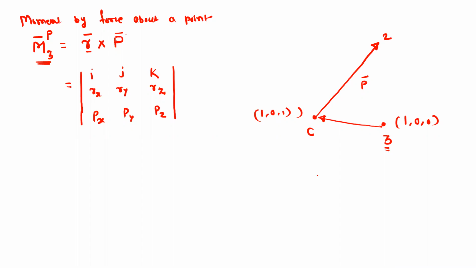So this position vector, which is r bar, is r3c. So this is equal to C minus point 3. So this will be 1 minus 1 into i plus 0 minus 0 into j plus 1 minus 0. So this is equal to 0i, 0j, plus k. So this is plus k. So this is r bar.